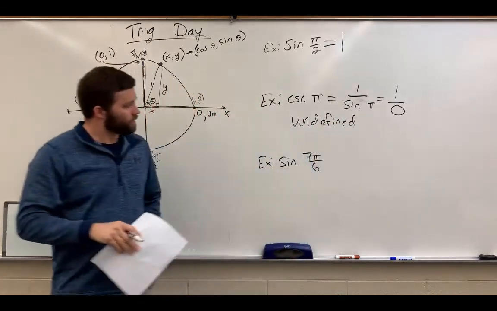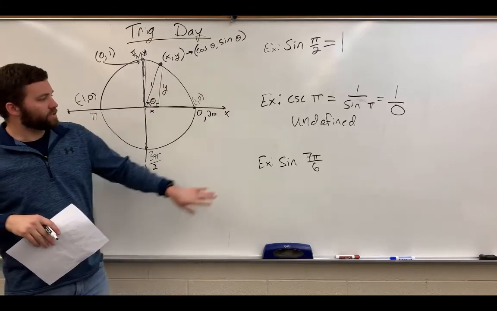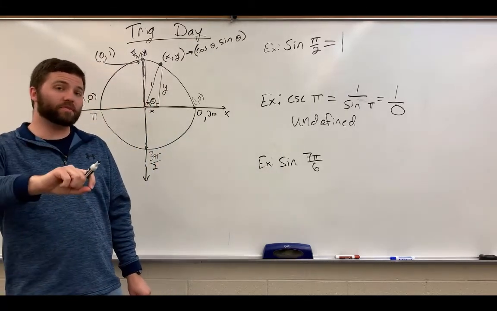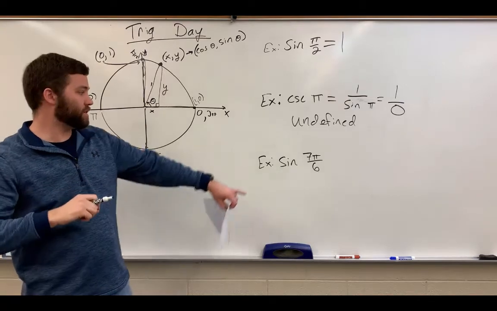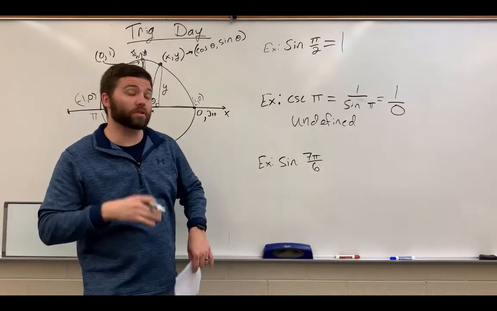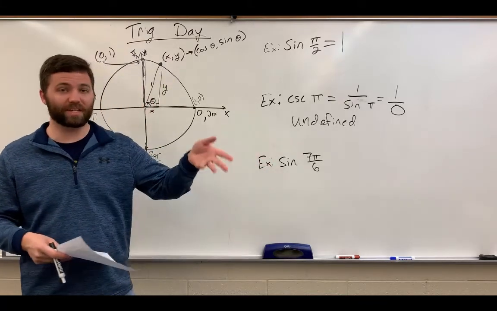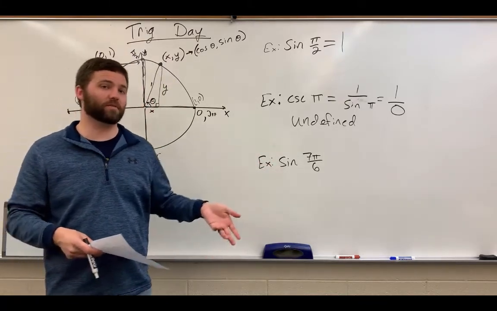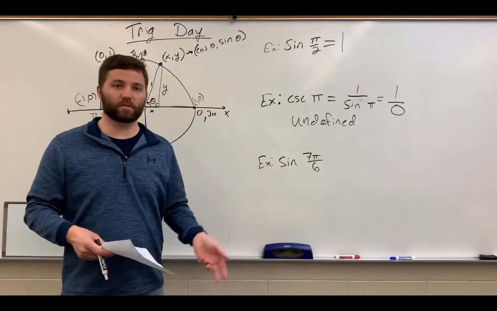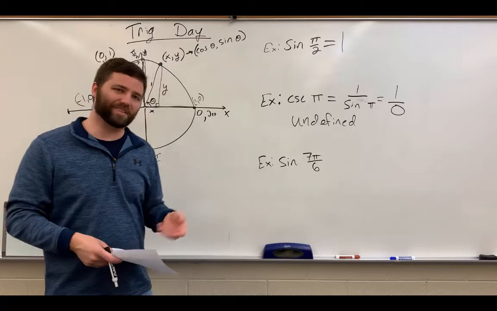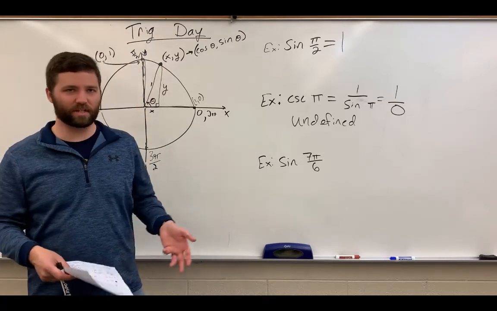All right, let's take a look at another one here, sine of 7 pi over 6. Knowing that pi over 6 is 30 degrees helps you figure out the location of this angle quickly. So 7 pi over 6 is 7 times 30, that's 210 degrees. Of course you could multiply by 180 over pi, and that would get you the same answer, but you have to do some simplification. You might need to pull out your scientific calculator.